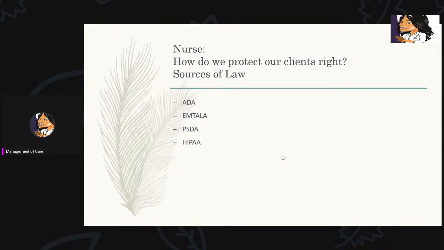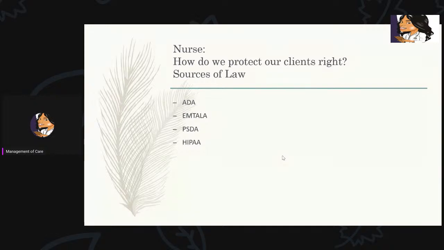That's assault. And battery is when you actually do something to the patient, when you actually put your hands on the patient. It can be restraining the client or administering an injection that the client doesn't want. Those things can be considered battery, and we're not allowed to do that as a nurse.